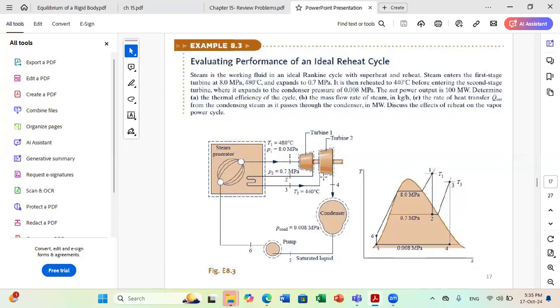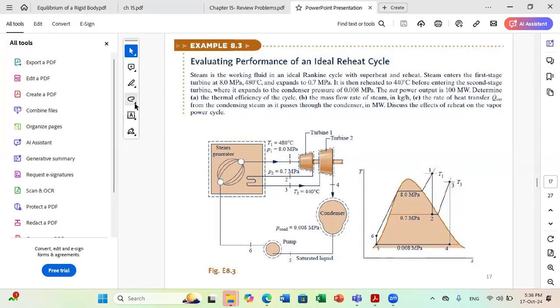Okay, so let us do the analysis of the cycle. As we mentioned, first some analysis on the graph for the same quality at the exit of the turbine.